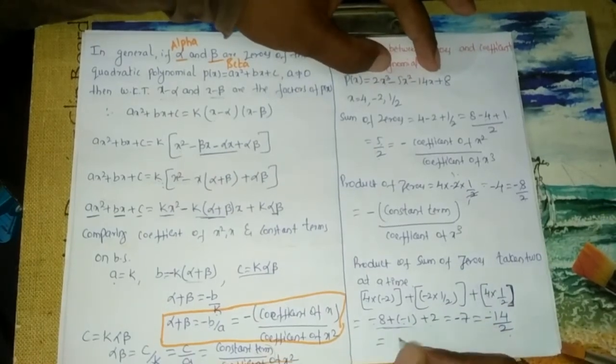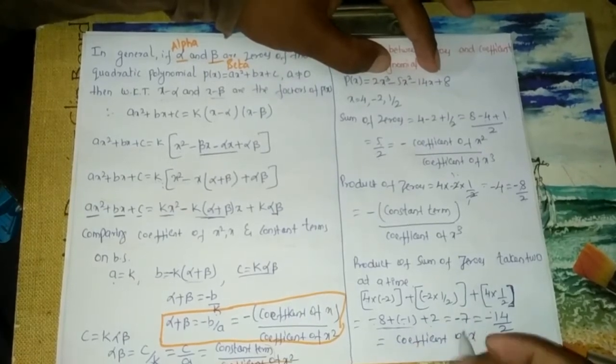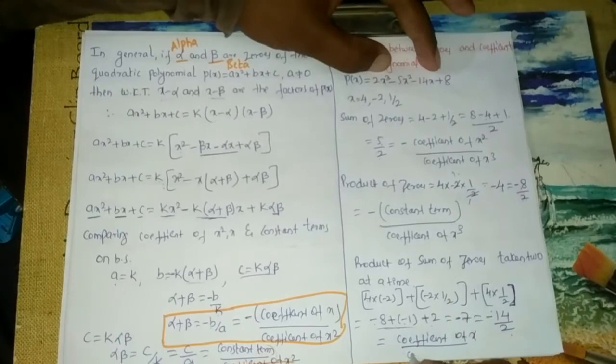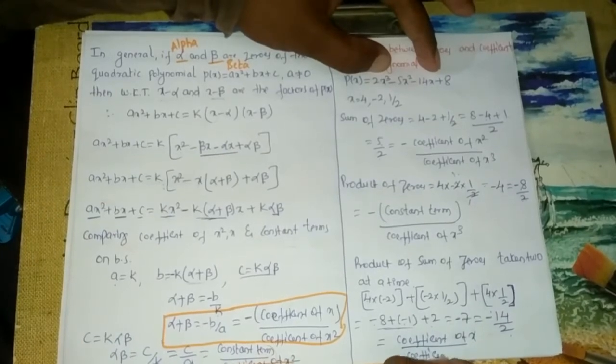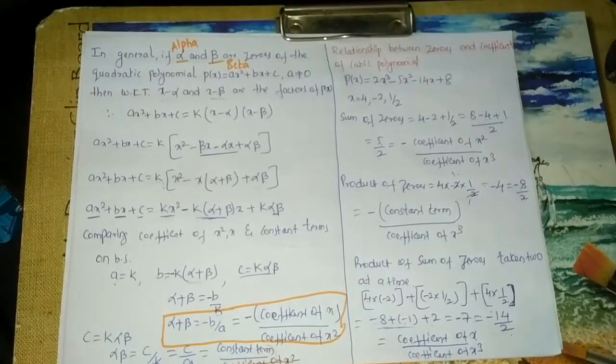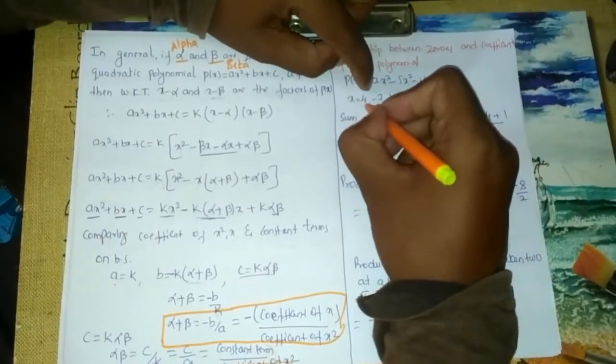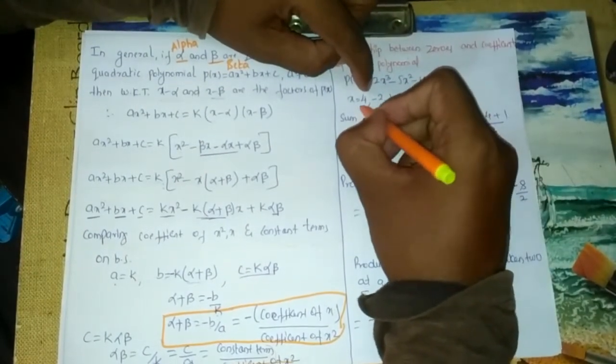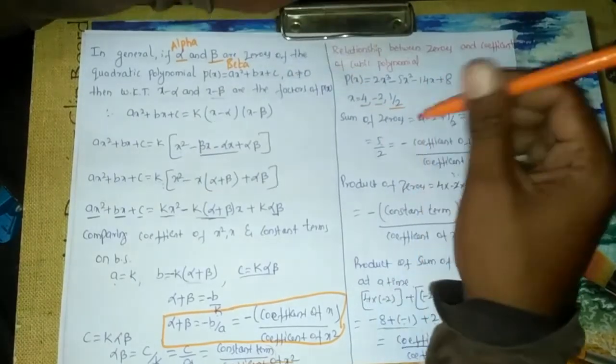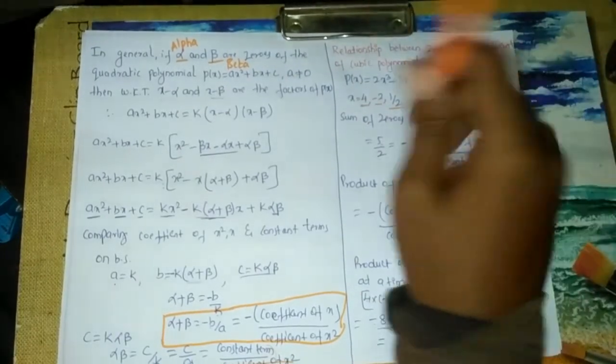So I can write this as coefficient of x upon coefficient of x cube. Okay, so now what we did here is we have got 4, minus 2 and 1 by 2 as zeros of the given polynomial.